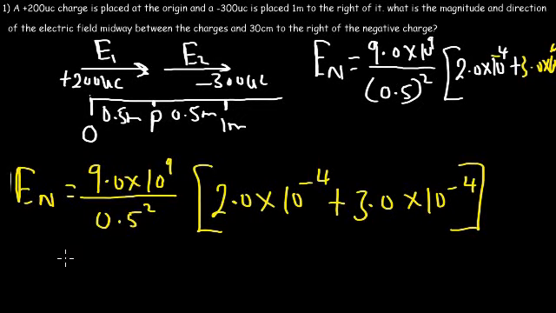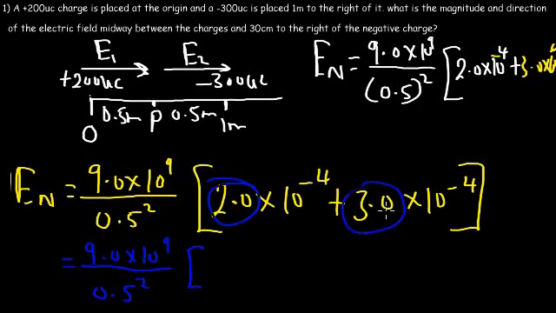So that should be indeed equal to 9.0 times 10 to the power of 9, all divided by 0.5 squared, then multiplied by, so we can add this up since they are both associated with an index of 10. So that should be 5.0 times 10 to the power of negative 4.